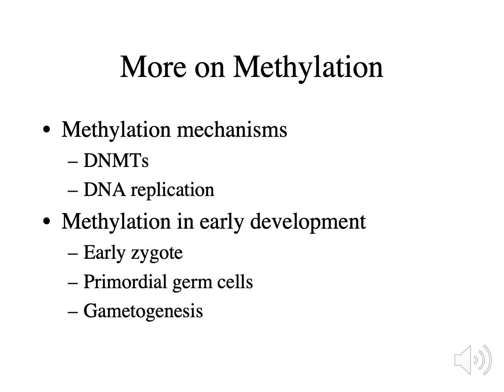So here we know that DNMT1 methyltransferase, and that's probably important to know for your exam, is the one that's associated with maintaining the methylation pattern following DNA replication, and making sure that the newly synthesized daughter strand has the same methylation pattern as the parental strand.